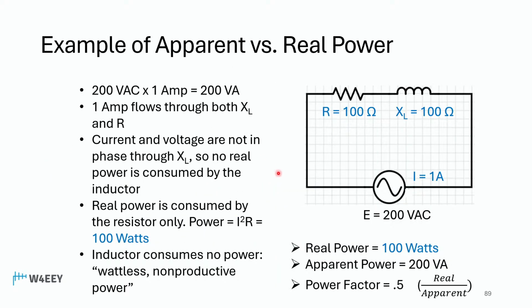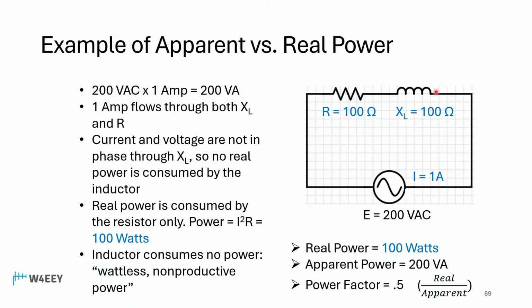So here's an example. I guess this is one that shows up in our pool. Here we've got a 100 ohm resistor. We've got a 100 ohm inductive load of some kind, maybe a motor, 100 ohms, current of 1 amp, and a voltage of 200 volts AC. You would think that you'd be able to solve this by combining these.